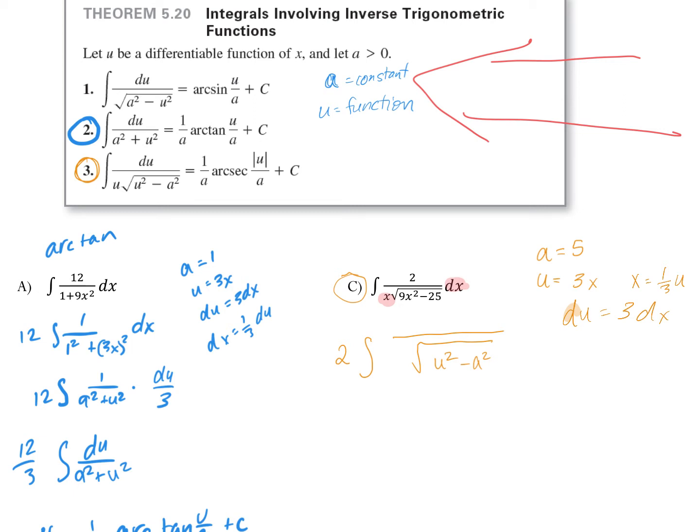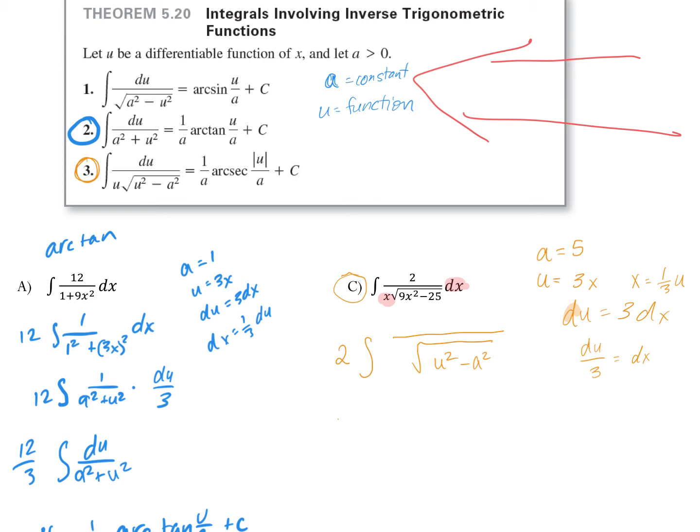Are we comfortable with those two things? And then what does that mean? Du over 3 equals dx. Are we good with these 3 things?